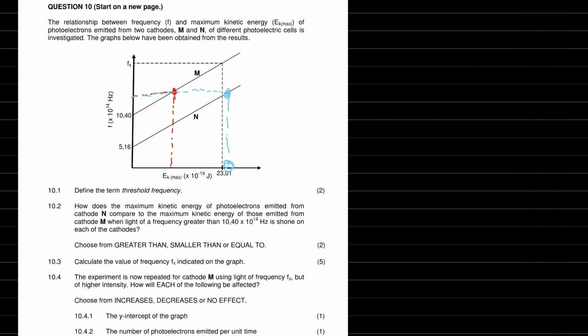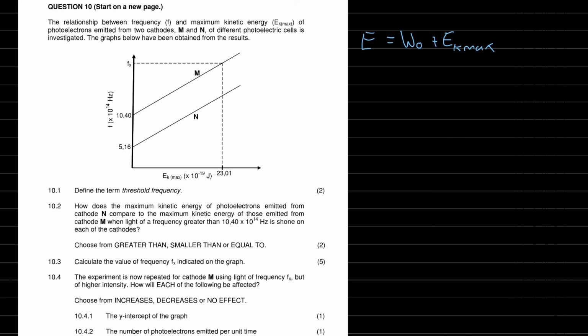Next up, we need to calculate the value of frequency fx indicated on the graph. So, where's fx? Fx is up here somewhere. It's the line they've drawn for us, right? So we calculate this value, and they've given us EK max. Well, what we know is that the energy required is equal to phi plus EK max.